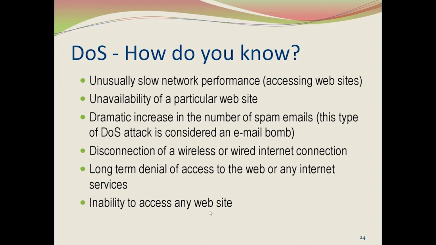Long term denial of access to the web or any internet services, that means firstly it was on and off, not so frequent, but later on it will turn to be frequent.